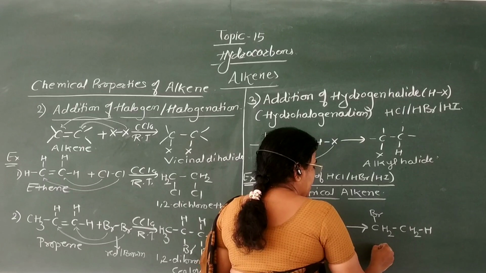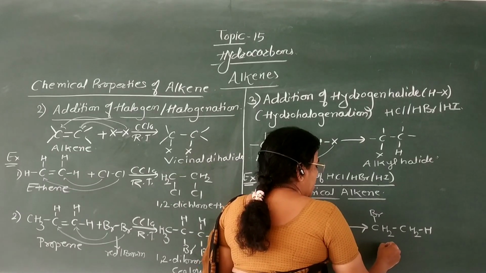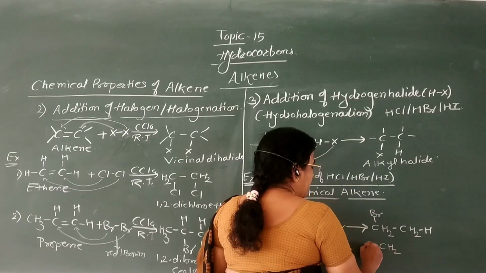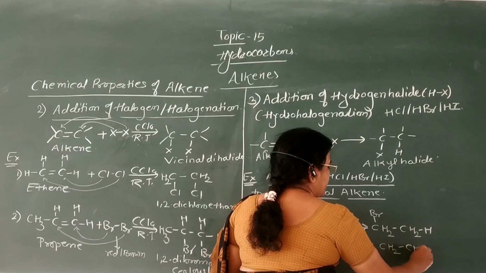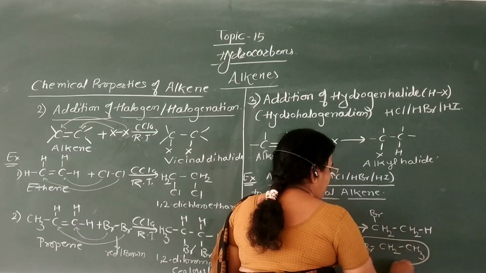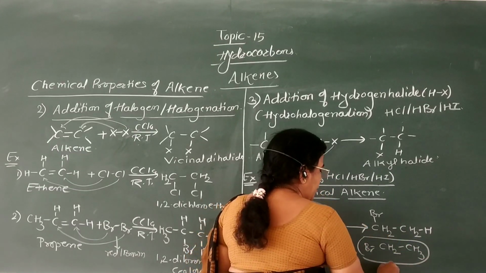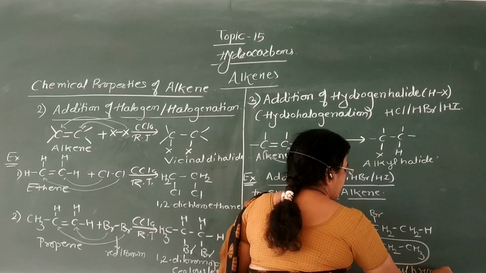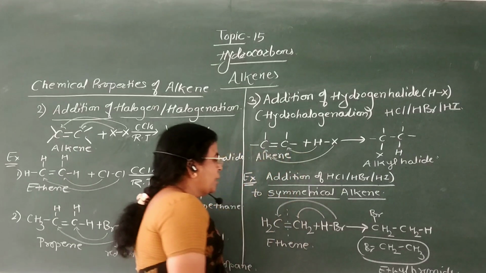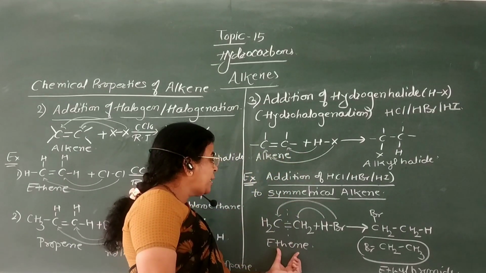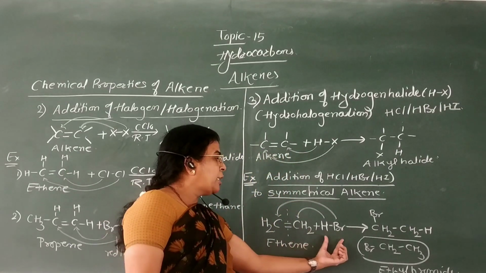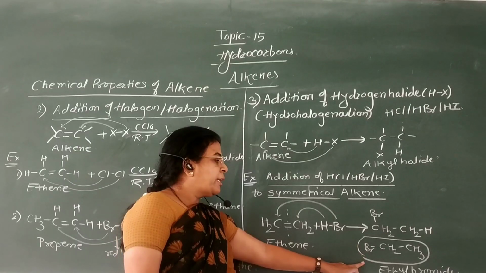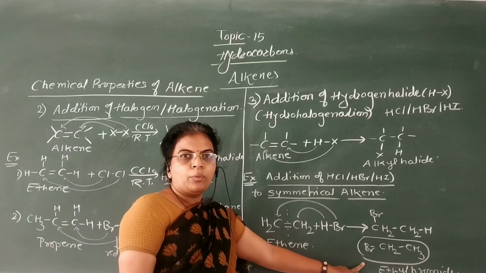That is, CH3CH2Br. Formation of this compound takes place. This is ethyl bromide. That is, when a symmetrical alkene undergoes addition reaction with HBr, then we'll get ethyl bromide as a product.